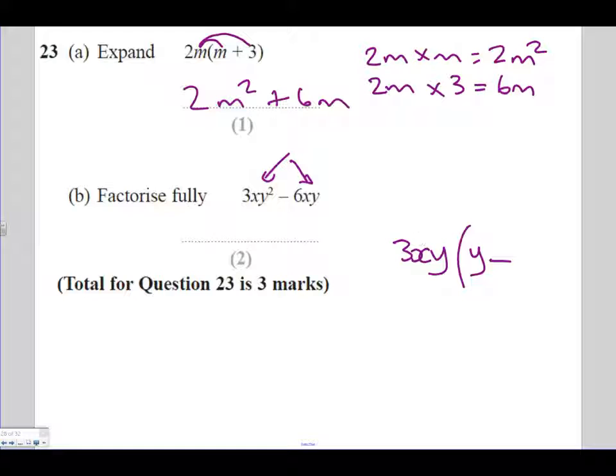So I have the x and the y, but how do I get from 3 to 6? Well, I multiply it by 2. So that is the second part of our factorization. So for our 2 marks, 3xy brackets y minus 2, where each of the terms inside the brackets is worth 1 mark.